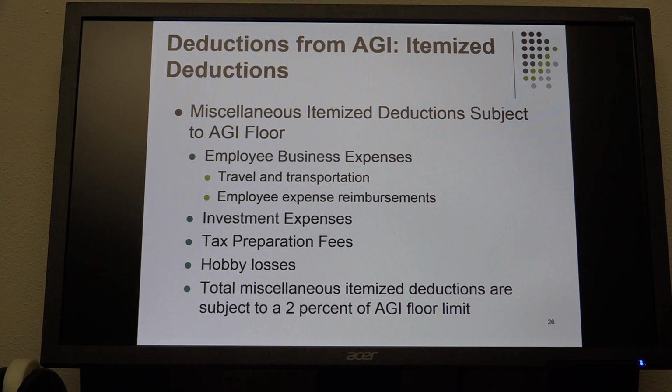And so what they've done is created a presumption that an activity is for profit, and thus losses are deductible on Schedule C, if the activity generates a profit for 3 out of the prior 5 years.